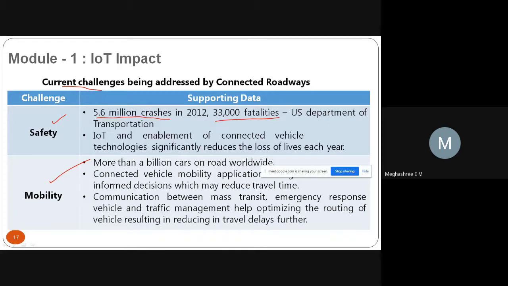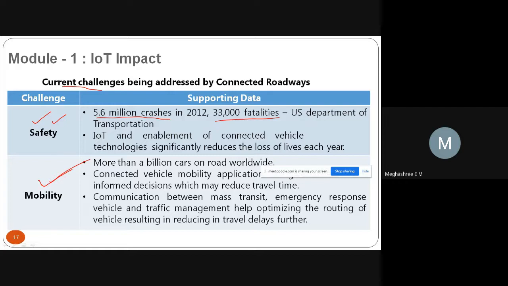When there is an accident or a congestion, the data will be collected and passed to the car driver. Using that information he can avoid the traffic and the accident as well. In that way the safety is improved if the roadways are connected to IoT.